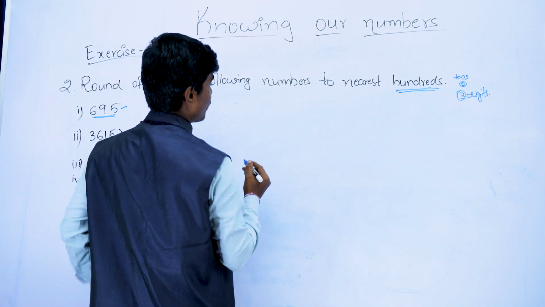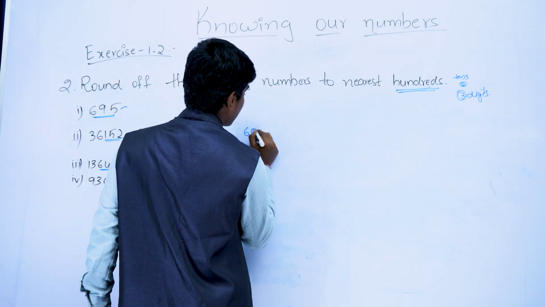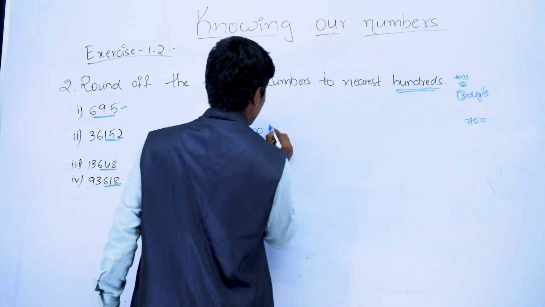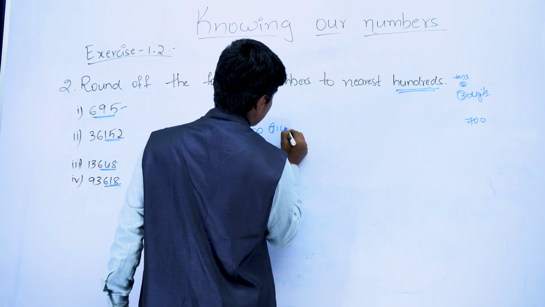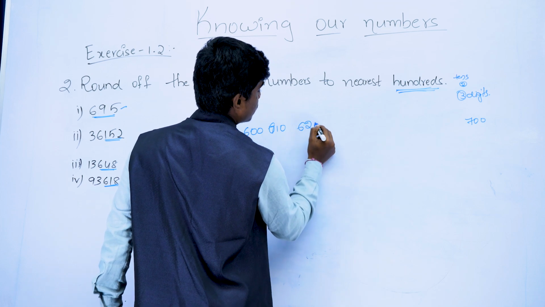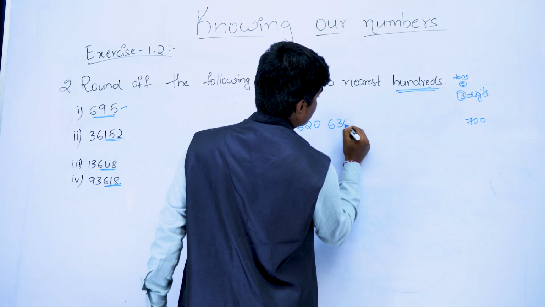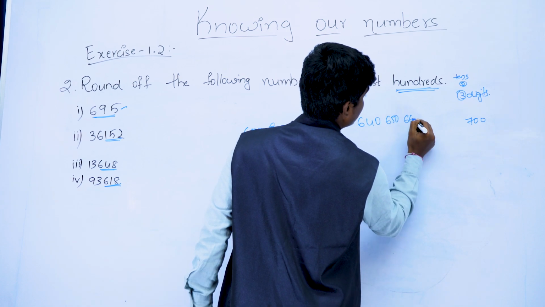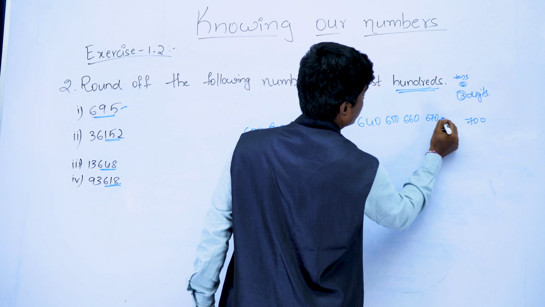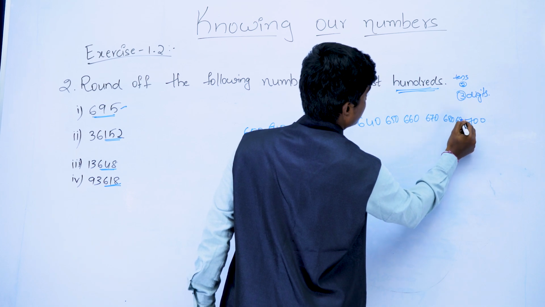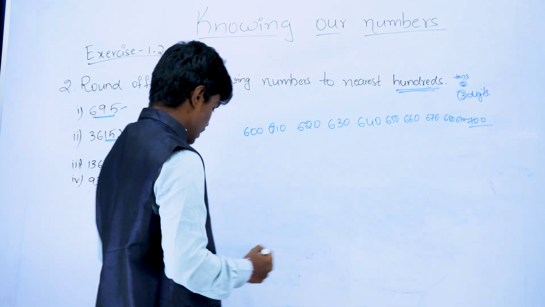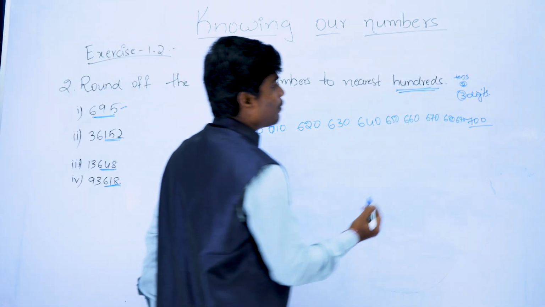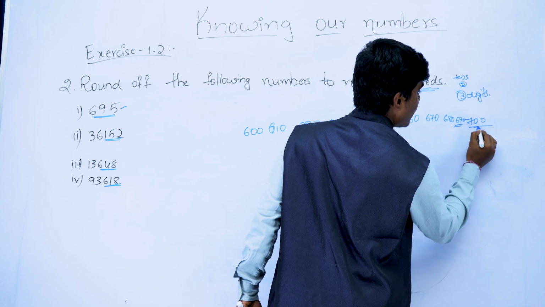First, we try to round off the number 695 to the nearest 100. See, 695 lies between 600 and 700: 610, 620, 630, 640, 650, 660, 670, 680, 690, and at last 700. It lies between 690 and 700.